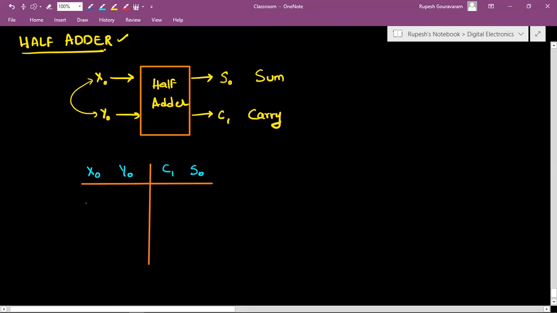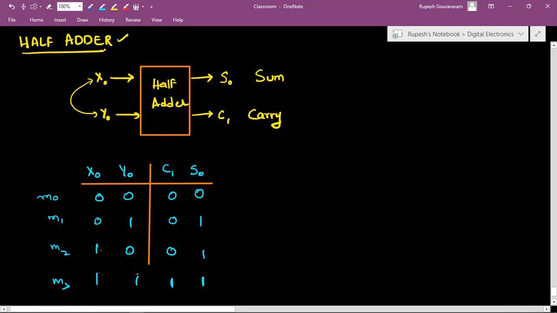Now x0, y0 combinations can be 0 0, 0 1, 1 0, 1 1. So this is min term 1, min term 2, min term 3. Now 0 plus 0, the sum is 0 and the carry is also 0. 0 plus 1, sum is 1, carry is 0. 1 plus 0, same thing. And 1 plus 1, if you do, the sum is 0 and carry is 1.